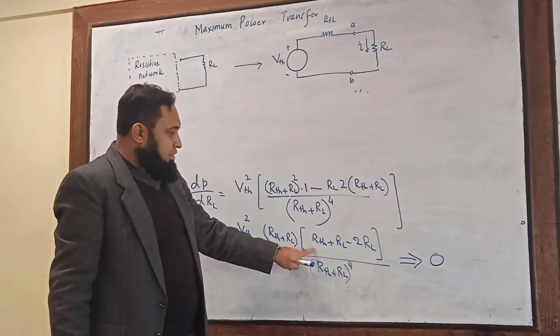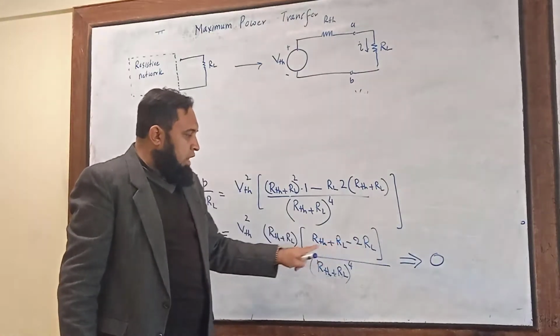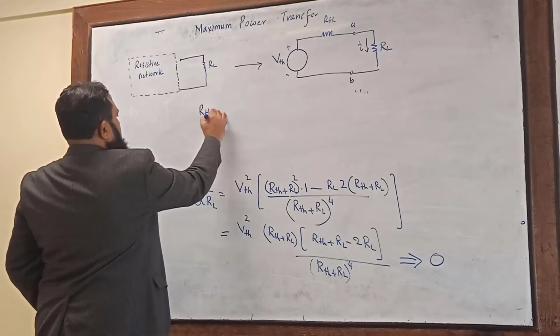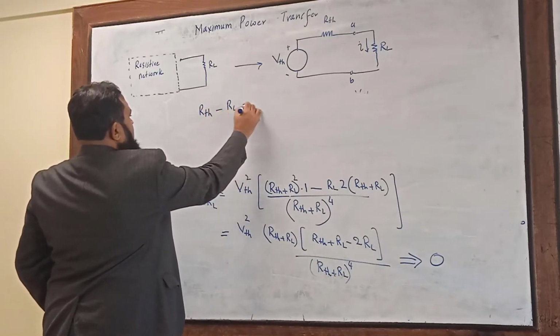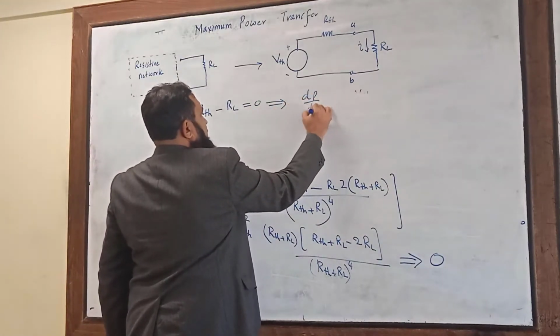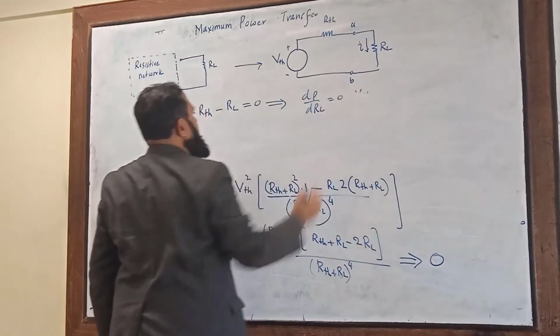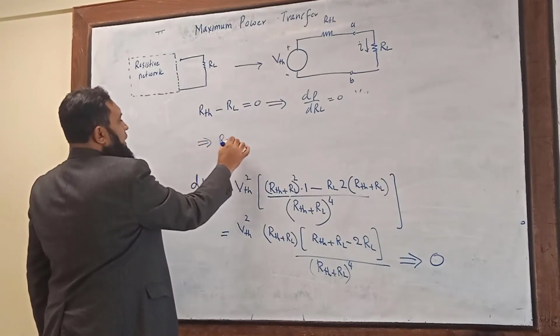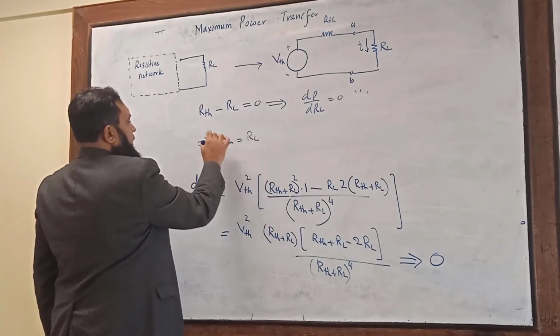So it is RTH plus RL minus 2RL, so RTH minus RL equal to 0 will ensure that dP by dRL is equal to 0. So this implies that RTH is equal to RL.